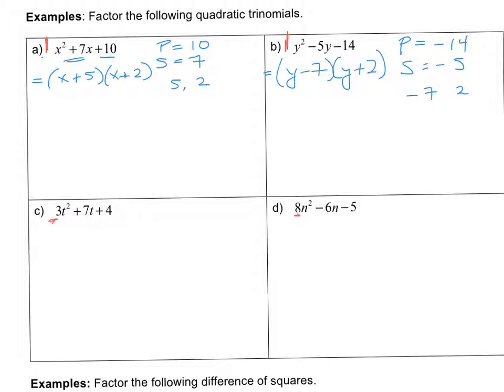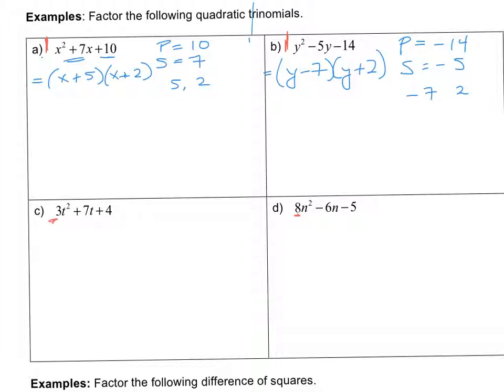I'll show both. So in the first question, I have 3t squared plus 7t plus 4. So using the decomposition method, I need to find a product of 3 times 4.